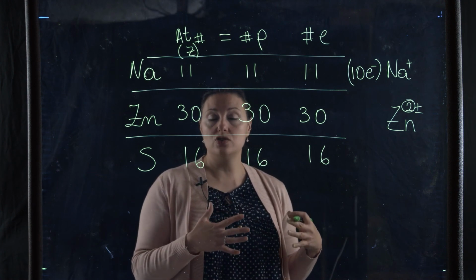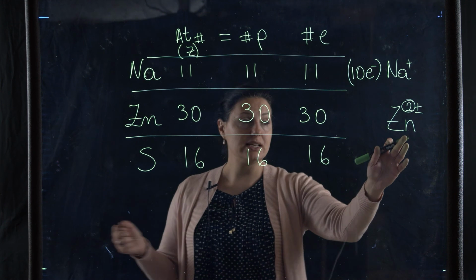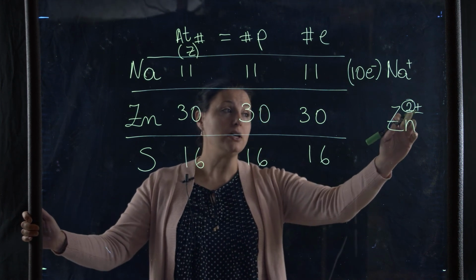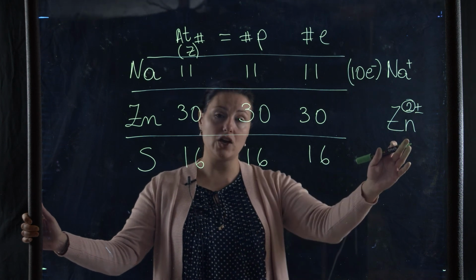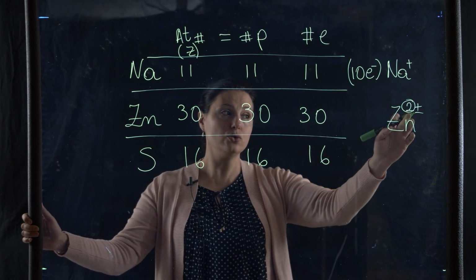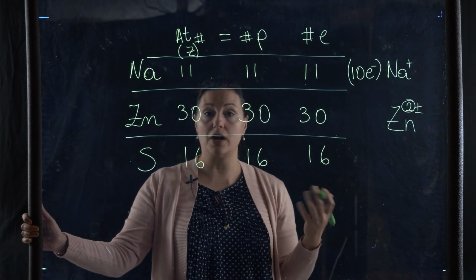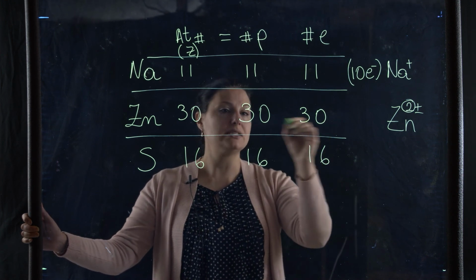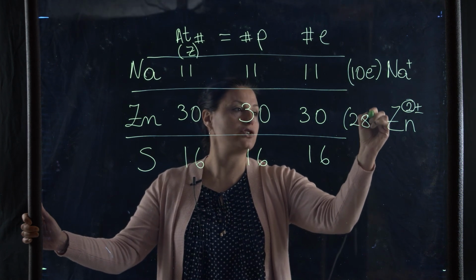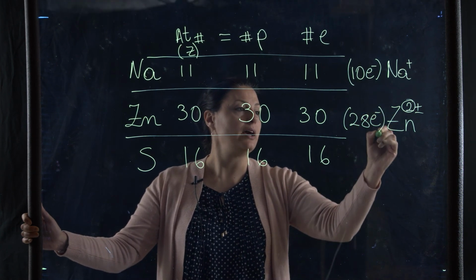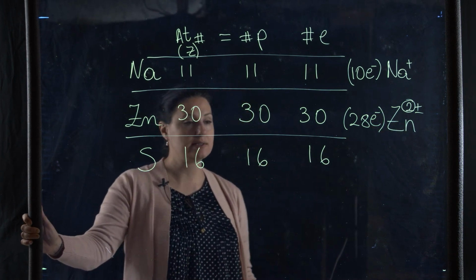If I change the number of protons, it's not zinc anymore. However, it has 2 more protons as an ion than it does electrons. That 2 tells me I have a surplus of positive charge by 2, which means I will have only 28 electrons in the ion of zinc, Zn2+.